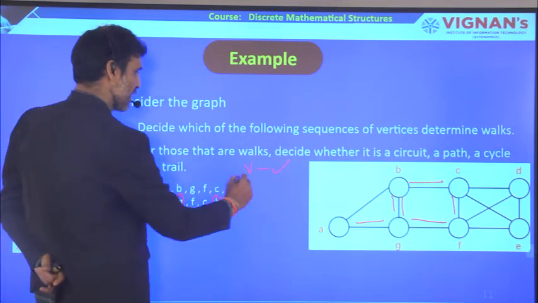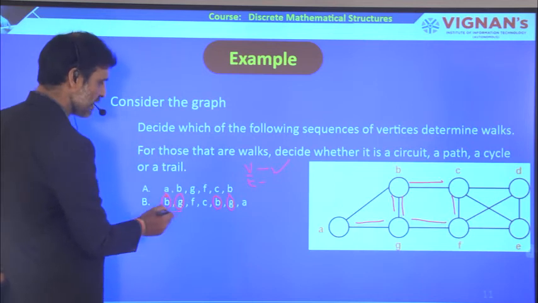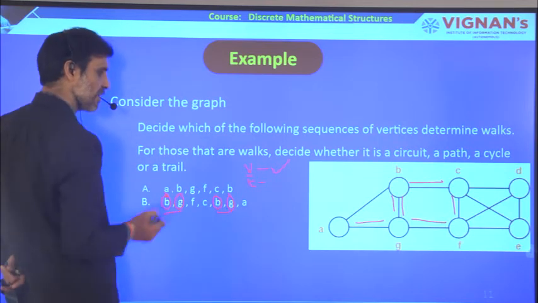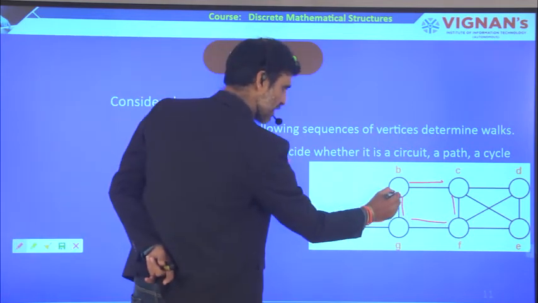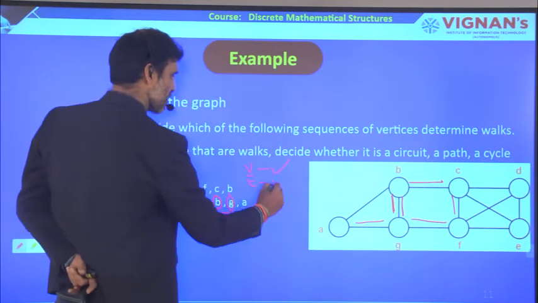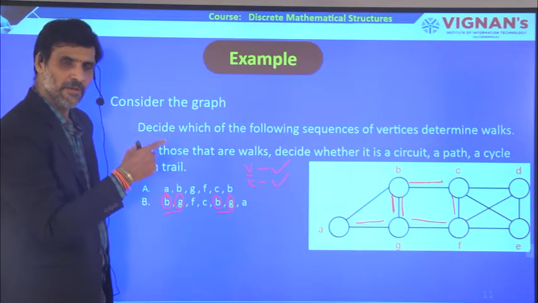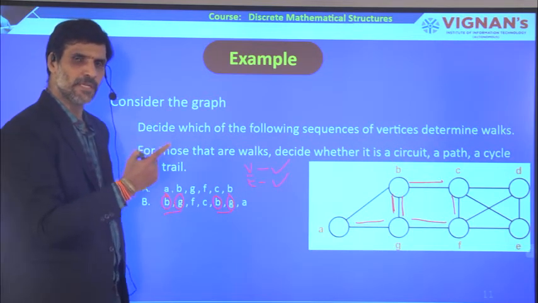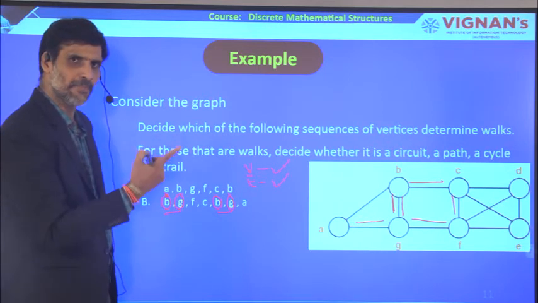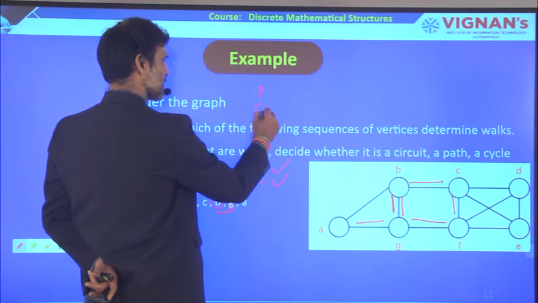Now let us come to the case of edges, whether edges are repeated or not. See, B to G there is an edge, here also B to G there is an edge. If you observe, here B to G, again B to G. So edges are also repeated. If both are repeated, from the given table what comes to your mind quickly? The first one is the path, another one is the cycle.